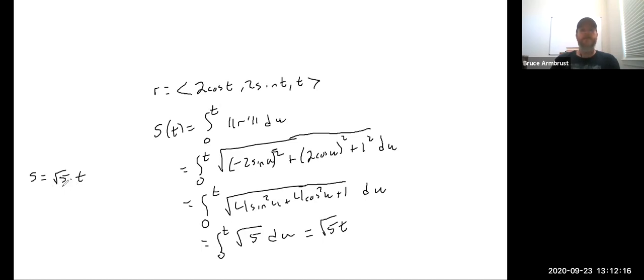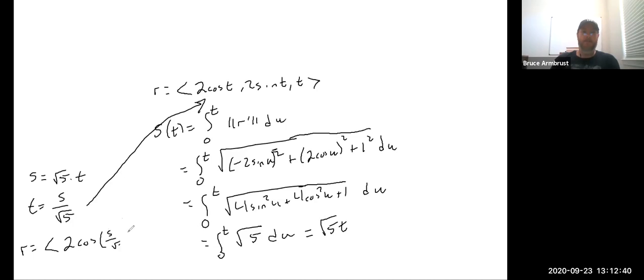All right, so now for the second part, it says we want to parameterize in terms of s. So we're just going to solve this for t. So t is equal to s over the square root of 5. And now if we just fire that up in here for all the different t's, we can get r as a function of s. And it's now 2 cosine of s over root 5, comma, 2 sine s over root 5, comma, I ran out of space, so I'm going to do it down here.